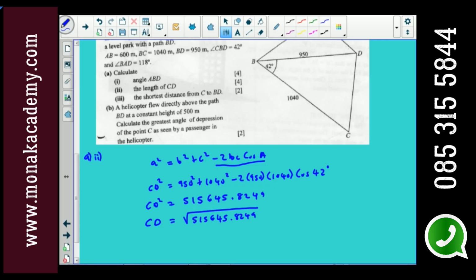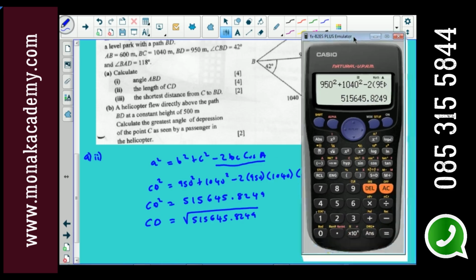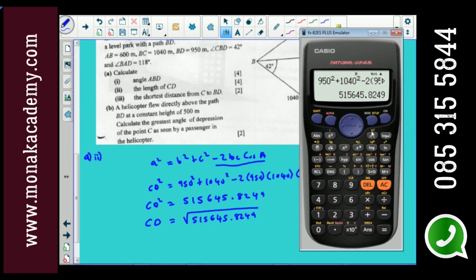Are you coming up with 515-645.8249 in your calculator? So, without doing anything here, I find the square root of the answer.